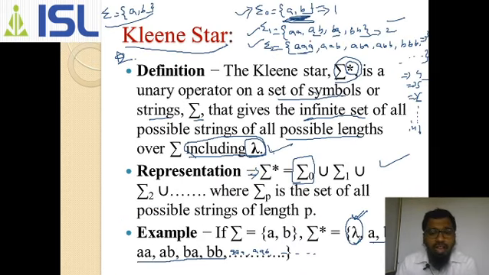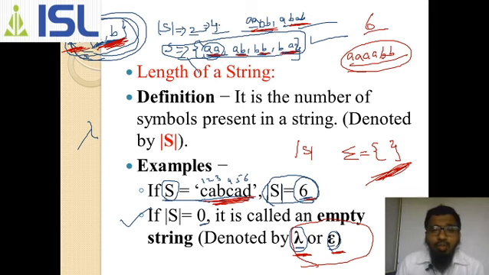Okay, Kleene star we saw. What is the Kleene star? With Kleene star we will get the infinite set of all possible strings. Like here we are telling 2, 4, 6 levels.